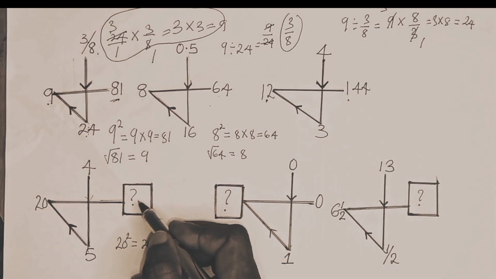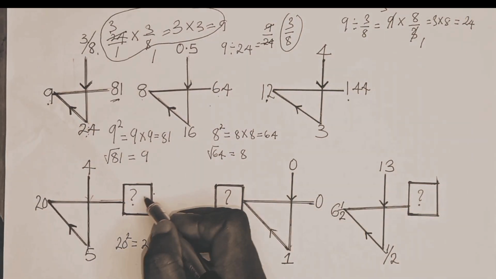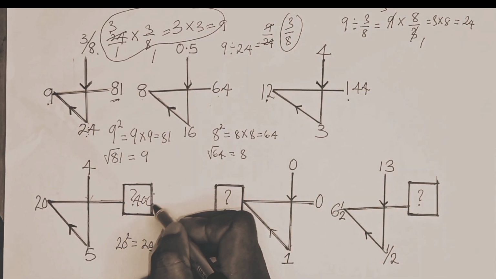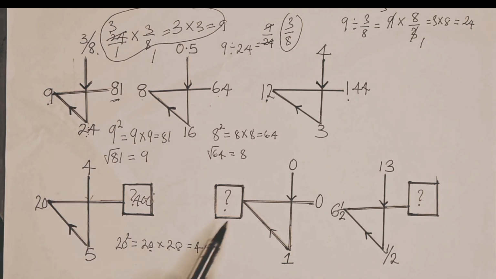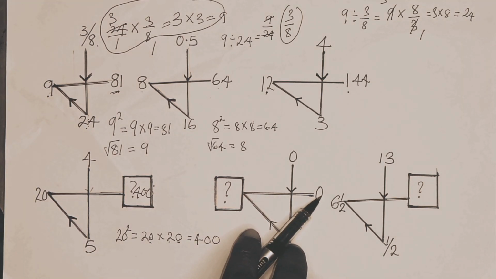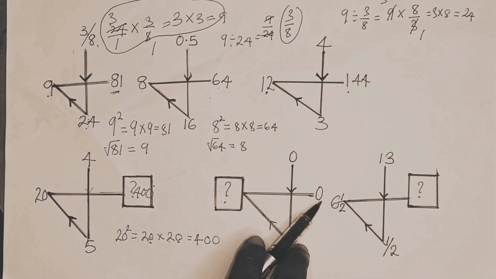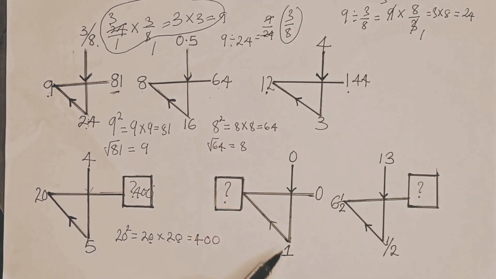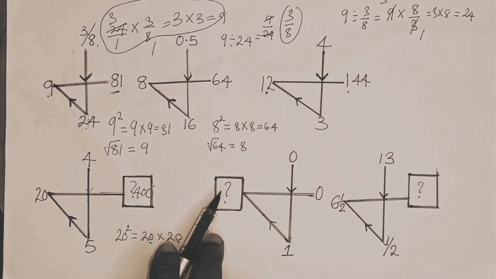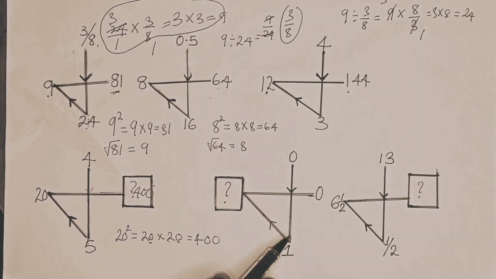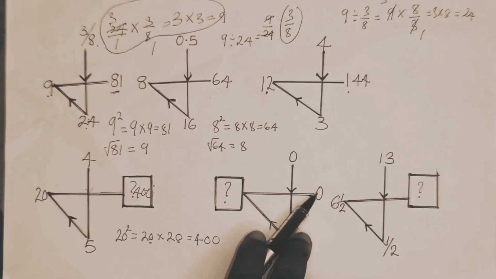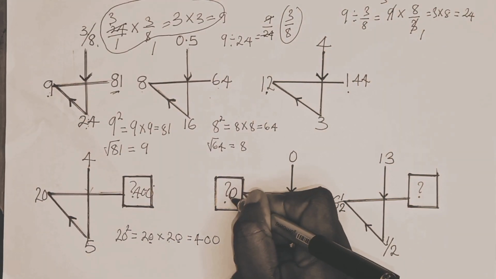Good. So our missing number here is 400. Okay, and over here, if this is missing, you take the square root of this, or you multiply this by this. Either way will still give you the same thing. 1 times 0 is 0. Remember, multiplying any number by 0 is 0 all the time. Our answer here is 0.